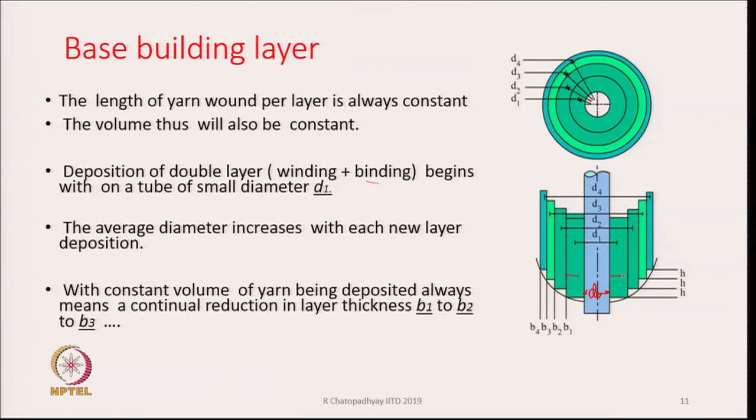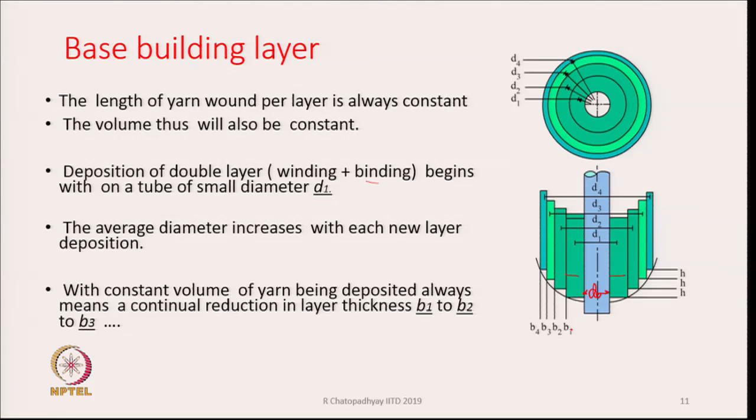So, if we know the volume of the yarn that we have to accommodate on the bobbin, and if we know the stroke length, we will be able to find out how the yarn is being wound on a bare tube of diameter D0, and therefore how much the thickness of this layer is going to be, that also can be easily worked out.